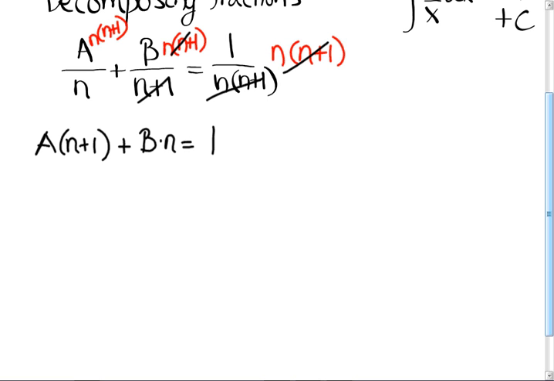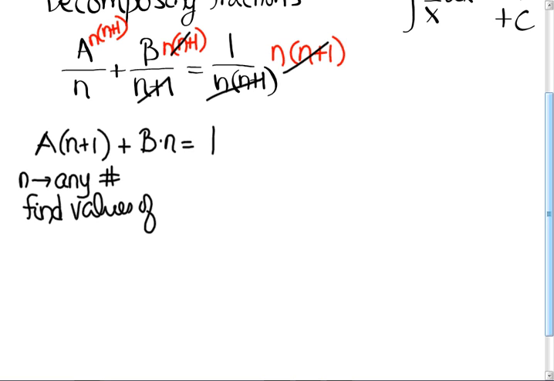Now, n represents any number. And what I want to do is find the values of a and b. Now, what the textbook does is it takes different values of n. It says let n equal 1, and then you get a system of equations.